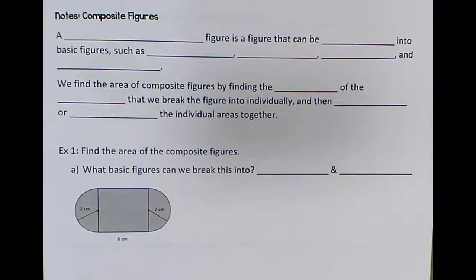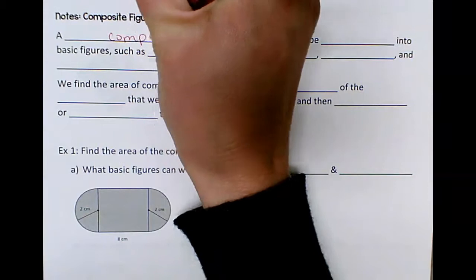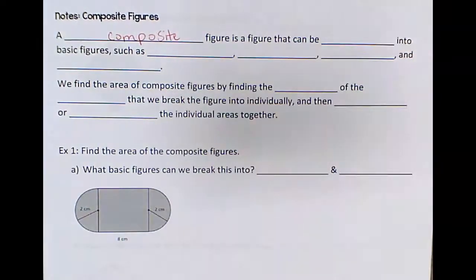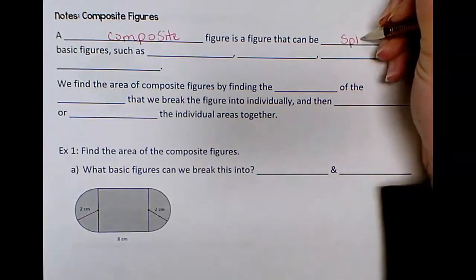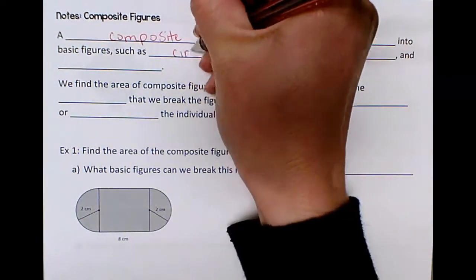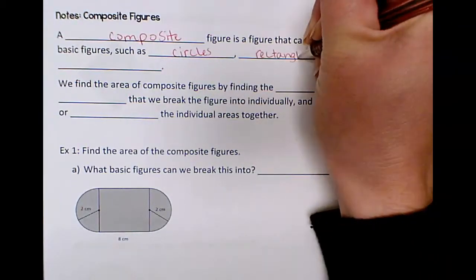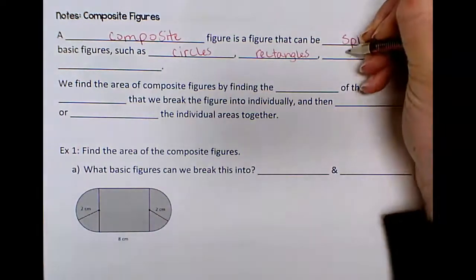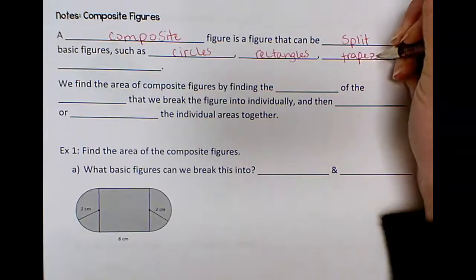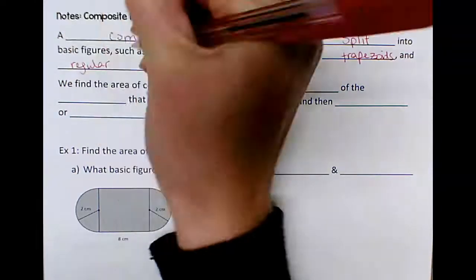Hi everyone, today we're going to talk about composite figures. So the first thing we need to talk about is what is a composite figure? Well, a composite figure is a figure that can be split into basic figures, such as circles or rectangles or trapezoids and regular polygons.